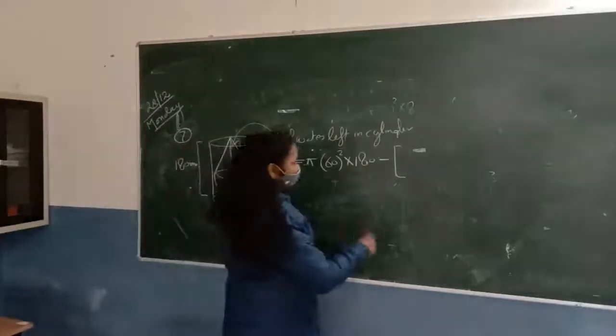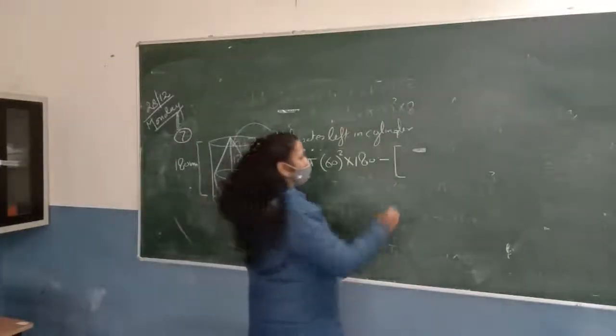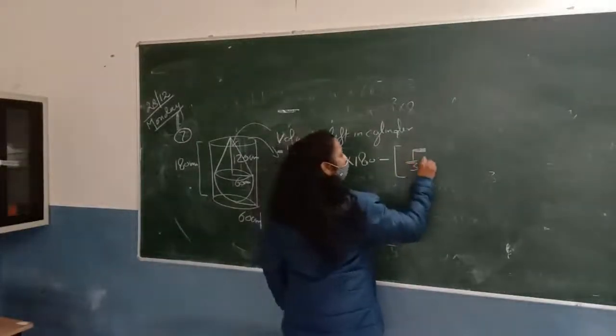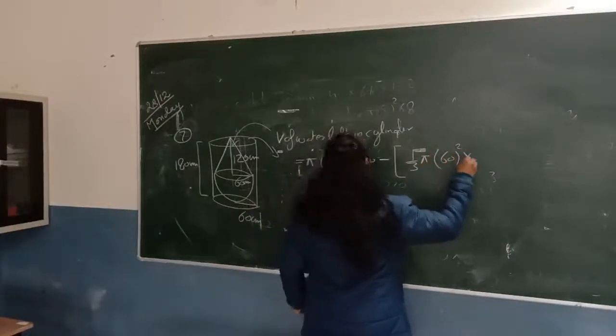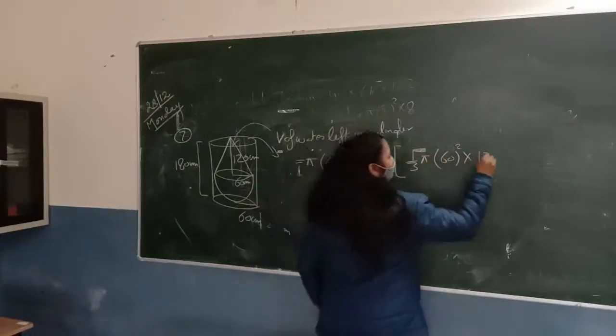So pi r square h minus the volume of cone, that is 1/3 pi r square into h, which is how much? 120.